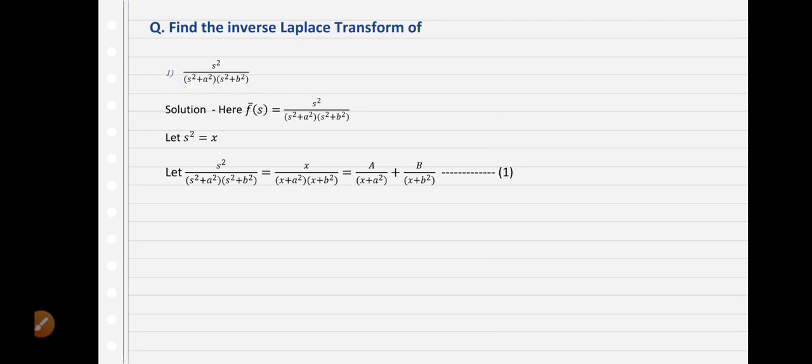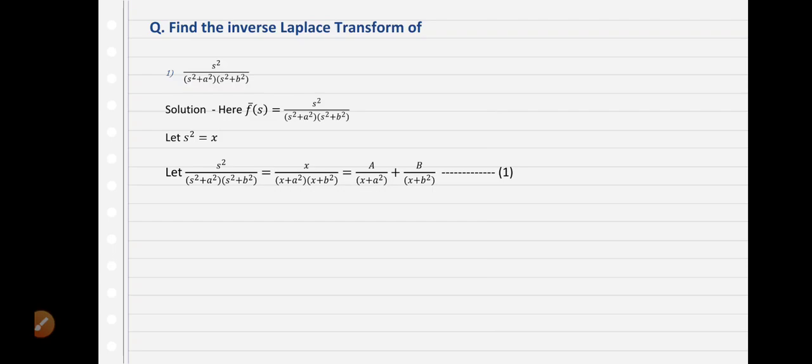So the given function becomes x upon (x plus a square) into (x plus b square). See, a square and b square are not changed, they are as it is. Only the change is s square to x.